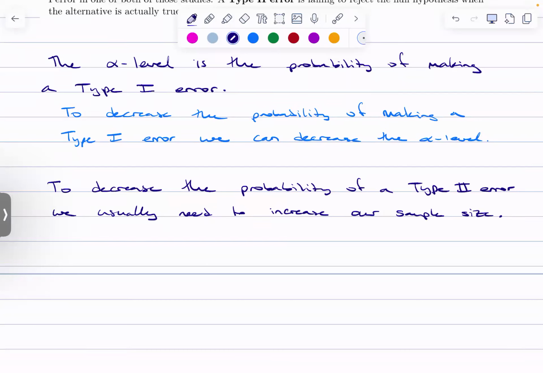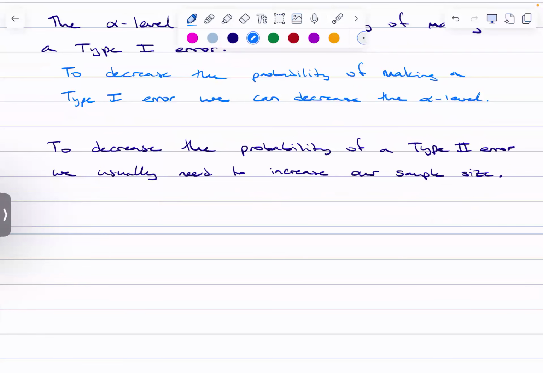Increasing our sample size is going to decrease our standard error, decrease our variability. And so, for example, the standard error of p hat that we saw earlier, the square root of pq over n.